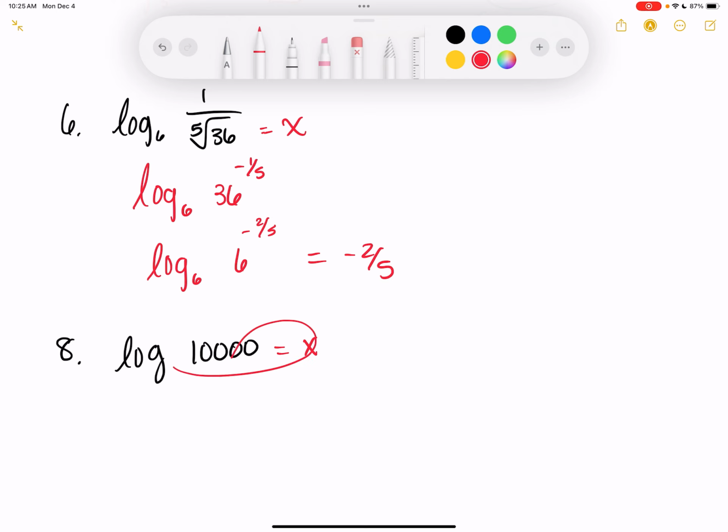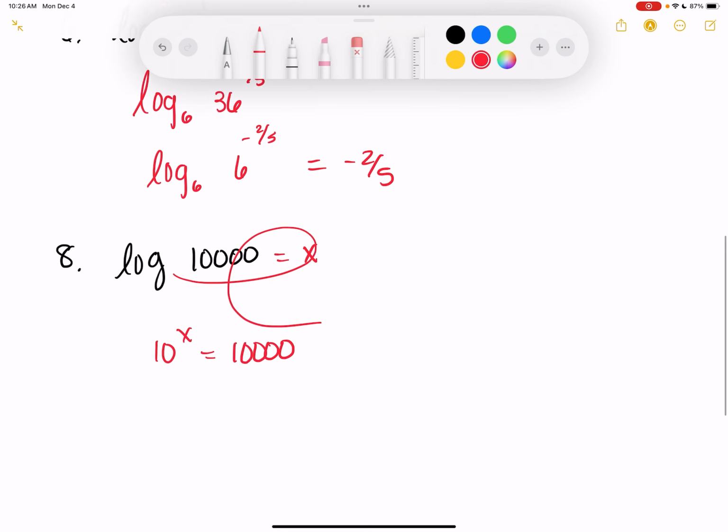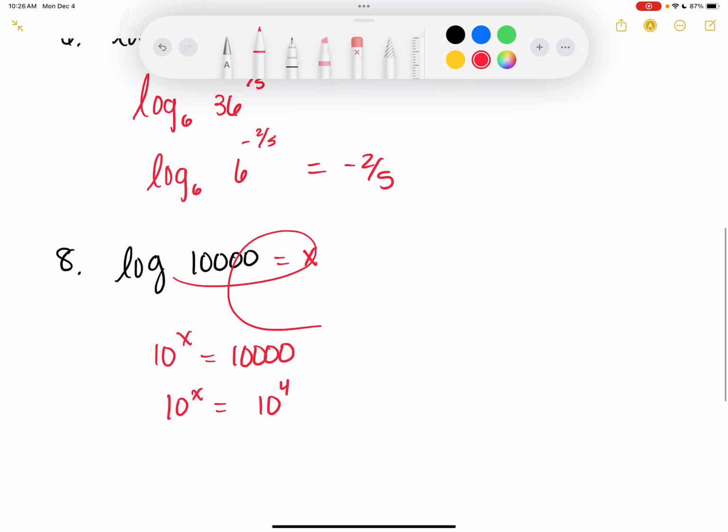I can think about this as 10 to the x is equal to 10,000, and I need to rewrite the 10,000 in terms of 10. 10,000 would be 10 to what power? 10 to the 4th power. And then if you have the same base, then your exponents are equal. So x is equal to 4, which would be the solution to this one.